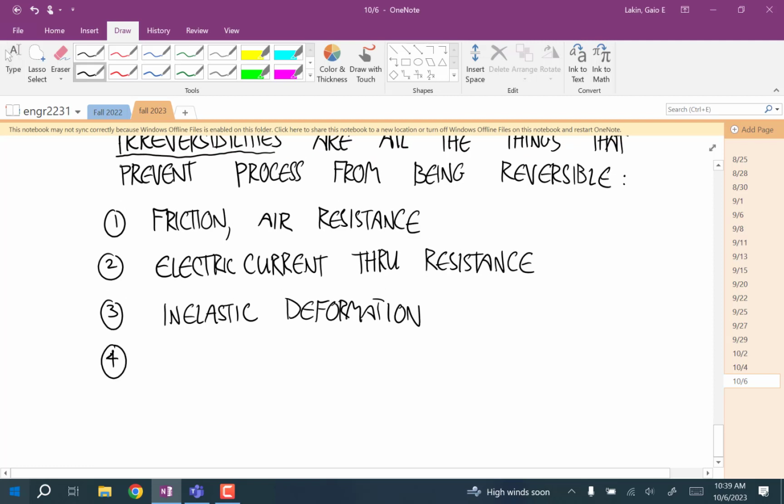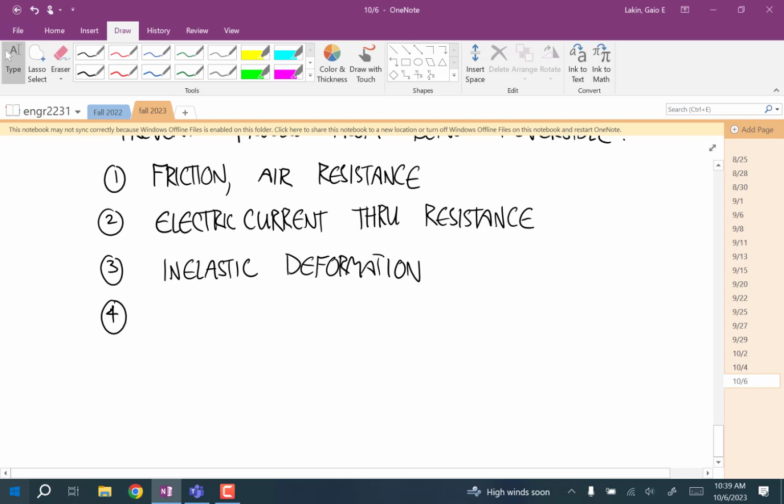This is an important one. Heat transfer across a finite temperature difference.